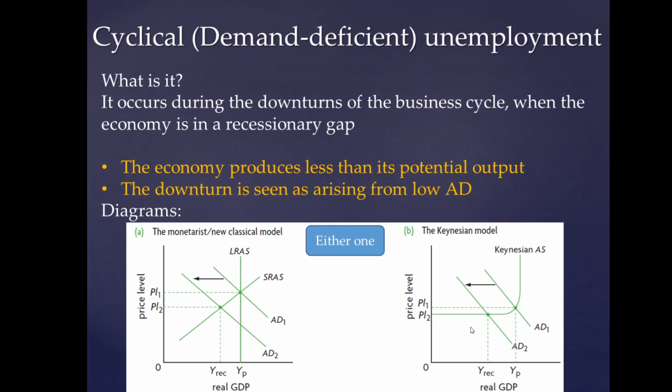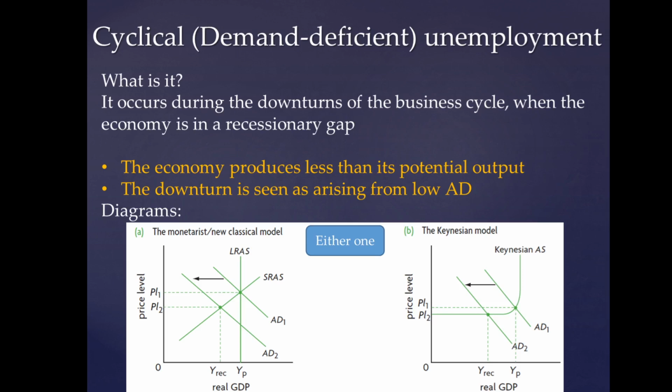Once again, how do we fix this? What kind of policy do you think we can use as a government to fix this? Yeah, fiscal policies, right? Yeah, Andrew, you could say that.